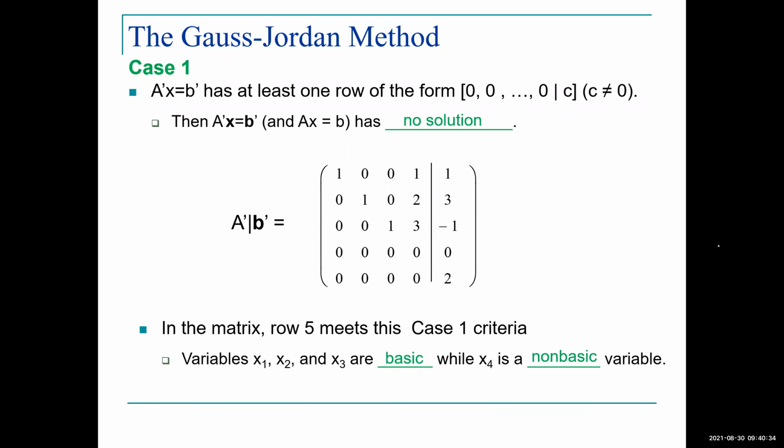The other column has numbers that are not 0, so we can state that that column is representing a non-basic variable. So x4 in that case, remember that we named the columns based on the location of the variable. So that's why I'm saying this column is representing x1, x2, x3, and x4. So x4 is a non-basic variable.